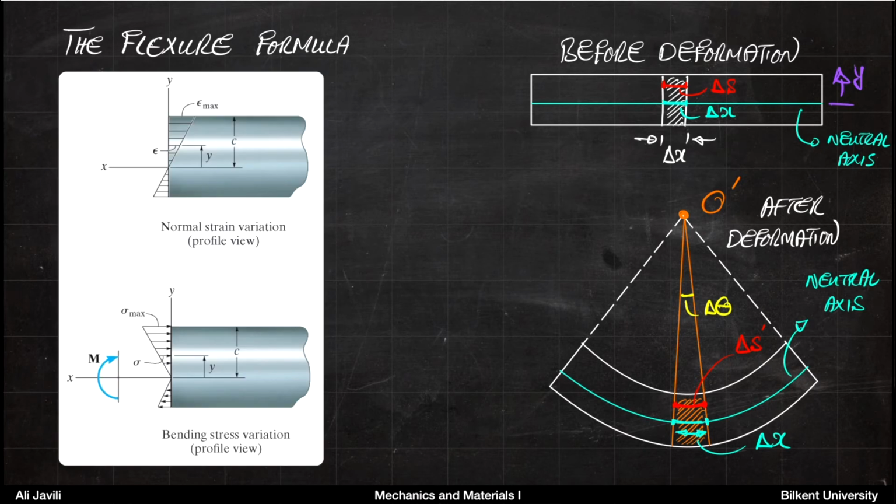So based on the analysis that we had so far, we know the strain distribution looks like this. Again, it's a linear distribution, and assuming that the moments are applied according to our convention, we know above the neutral axis you would have a strain that is compressive, and below the neutral axis you would have a tensile strain distribution.